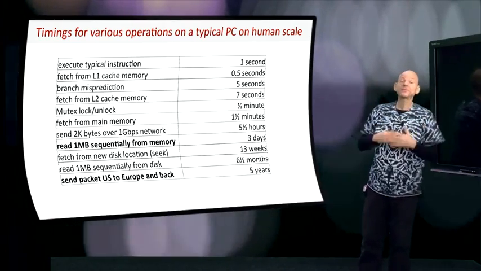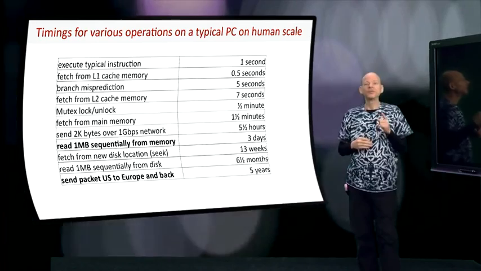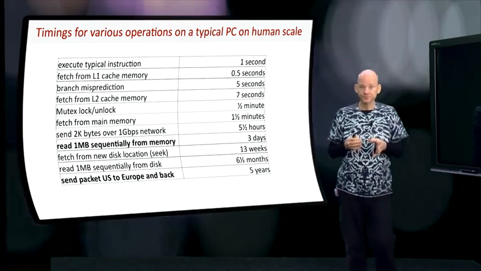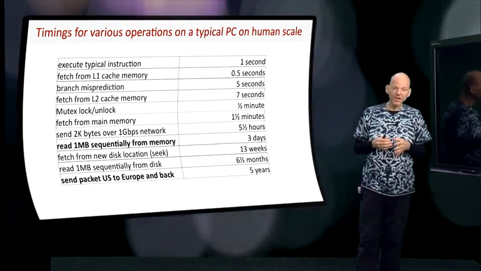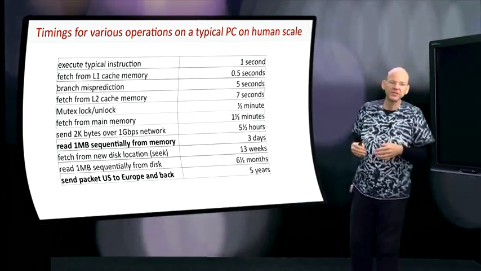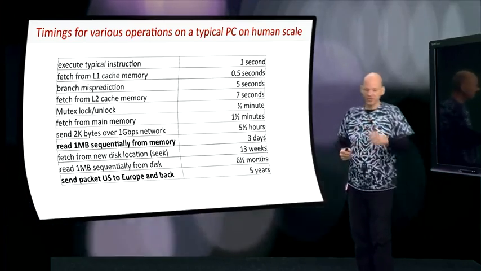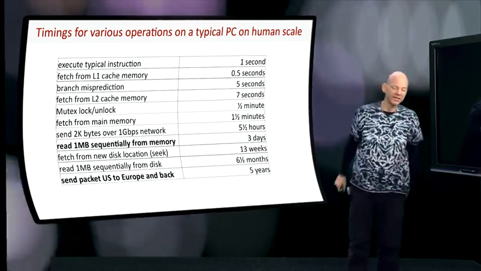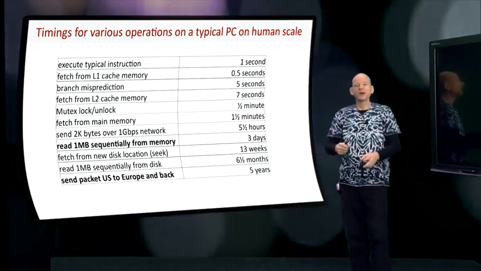In terms of human timescales, reading 1 megabyte from memory takes about 3 days. It's like sending your kid to do some groceries, and it takes 3 days. They have to go on their horse to the next village, get the groceries, and come back.